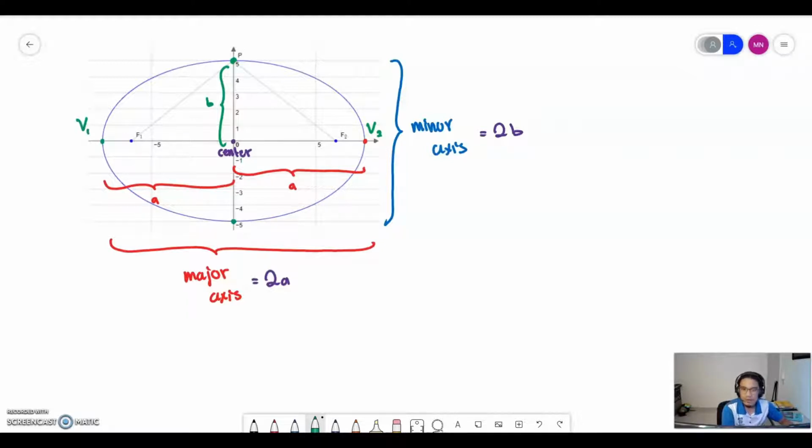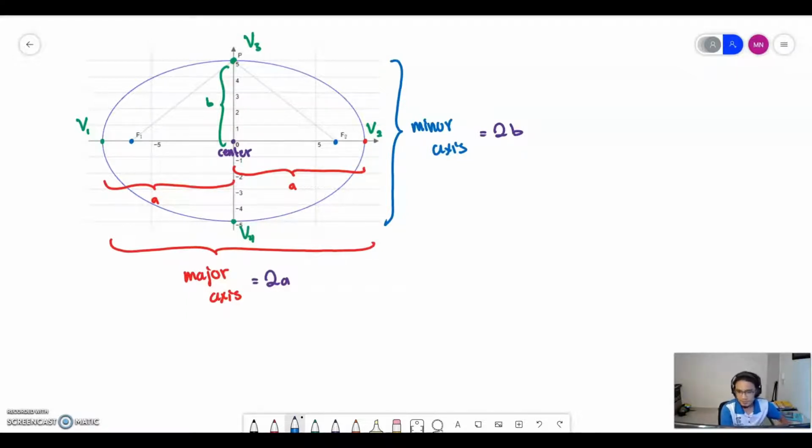So V1 and V2 are called the major vertices, and V3 and V4 are called the minor vertices because they are on the minor axis. For ellipse, we will have two focal points already labeled here, F1 and F2.